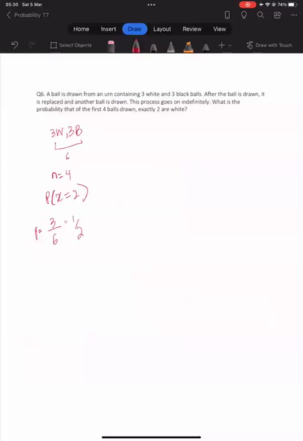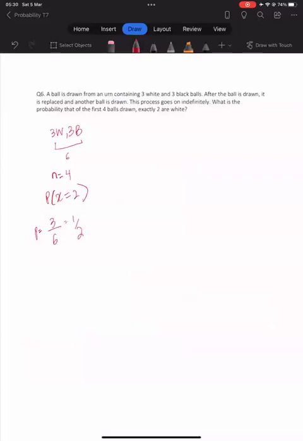So since p is fixed in independent trials, we know that this is a binomial random variable with sample size n, which here is 4, and probability of success half.